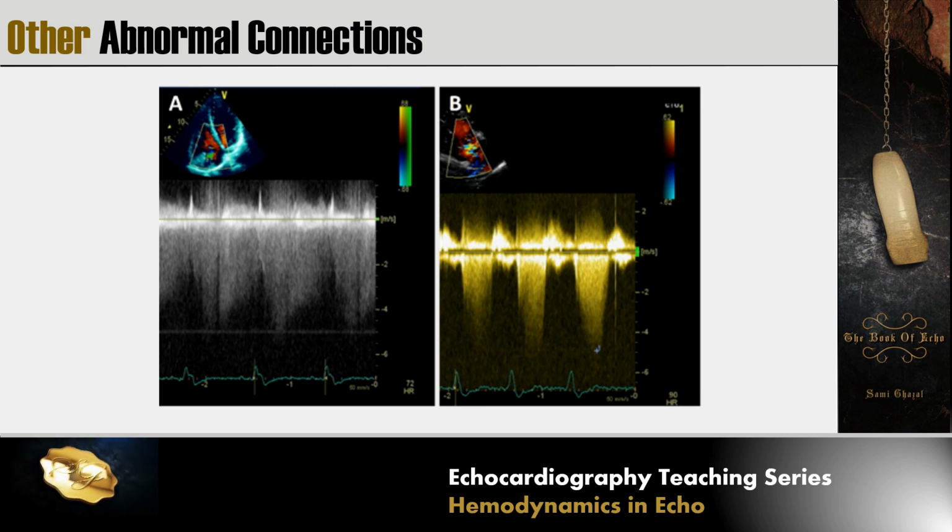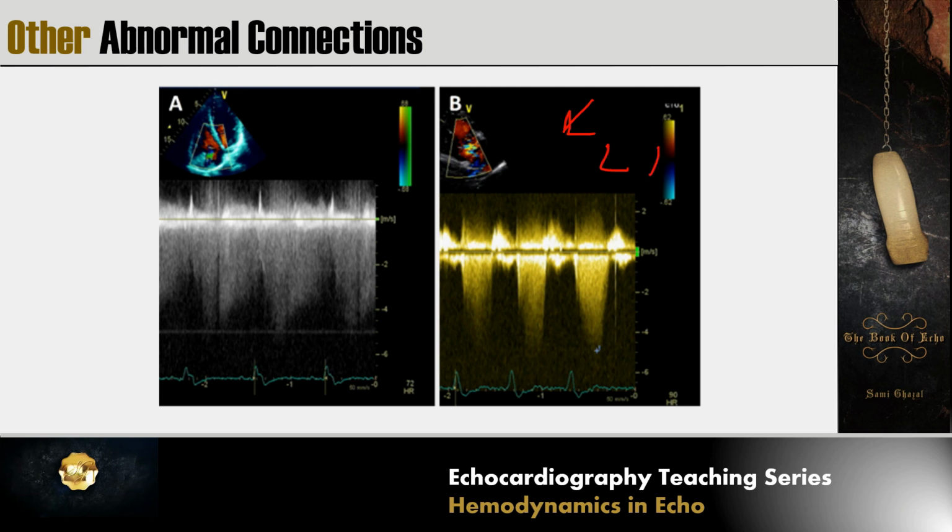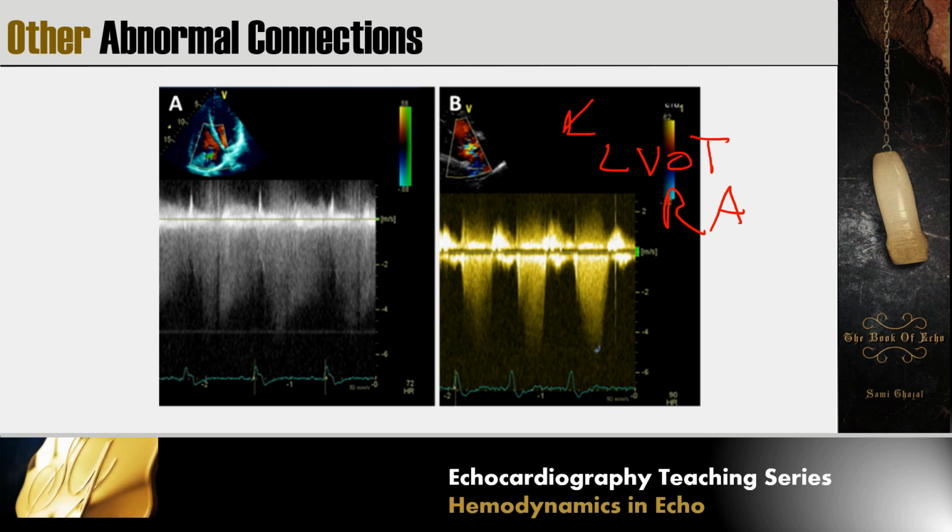For example, we have these two flows. In that flow here, it's predominantly systolic. We have a defect, and we don't know exactly where it's going from and to. If we think it's coming from the LVOT to the RA, we call this sort of defect a Gerbode defect.